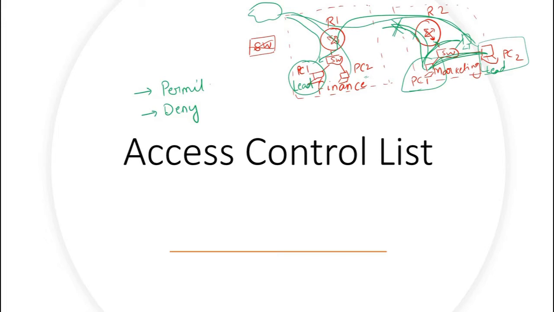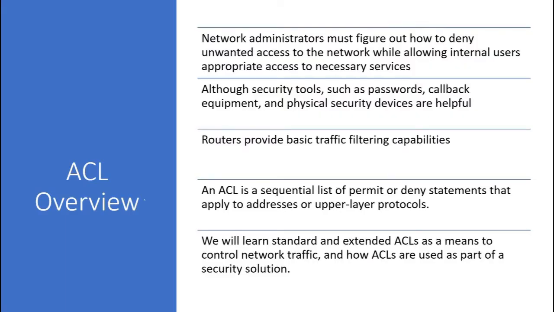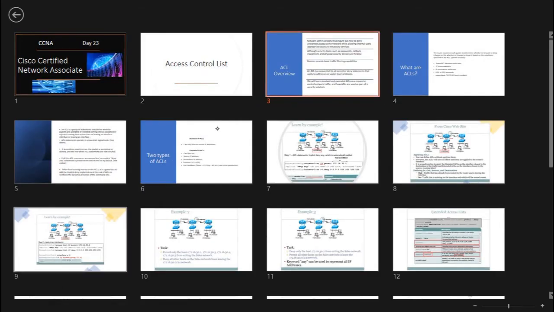I hope you have got a basic idea of what an access control list is going to do, but how do we configure it in Cisco routers, and how does it actually work? Let's learn more about the access control list. This is just an overview.